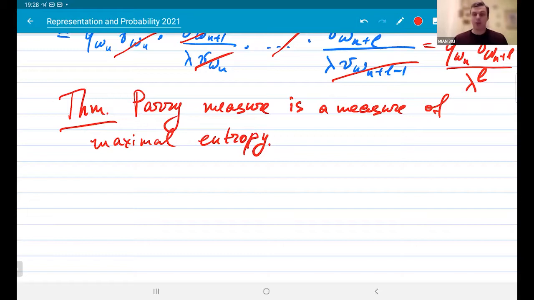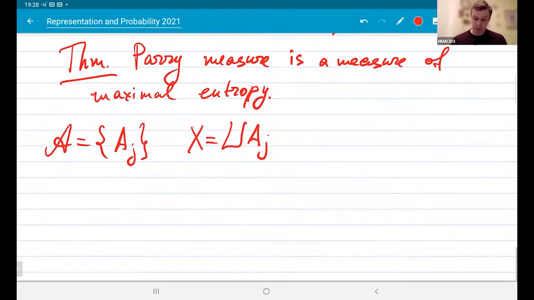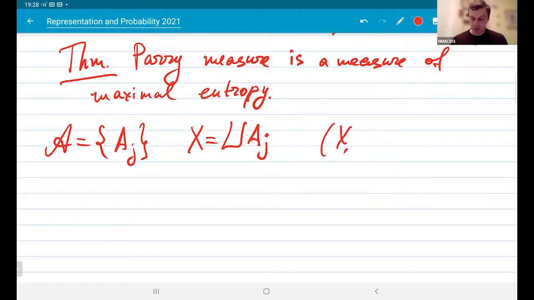Let us consider some decomposition of our space into some parts, say A, and X mu is a probability space.